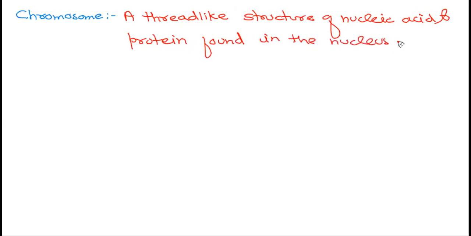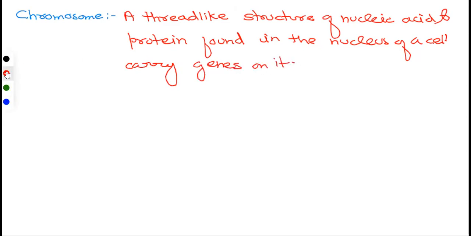In the nucleus of a cell. The nucleus of a cell carries genes on it, right? Suppose these are thread-like structures, in the form of spindles also. These are what we call genes, exactly.